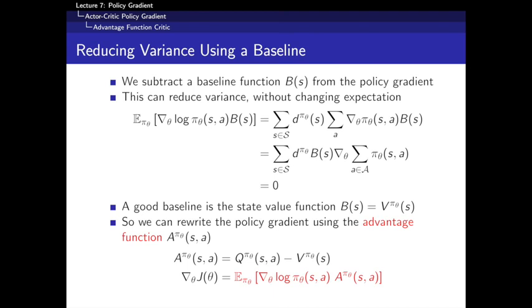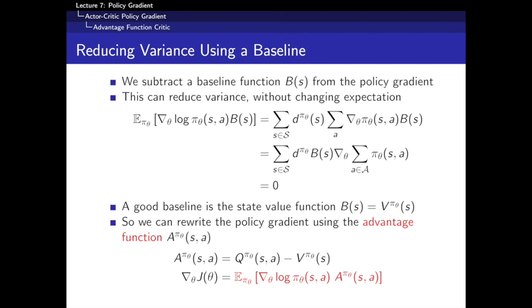This tells us how much better than usual it is to take action A. We look at the q value of action A, which tells us how good it is to go left if I'm in a particular state, compared to how good it is to be in that state in general. That tells us how much more reward than usual I will get if I take a particular action. Intuitively, that's just the right quantity to use in our update. So we call this the advantage function.